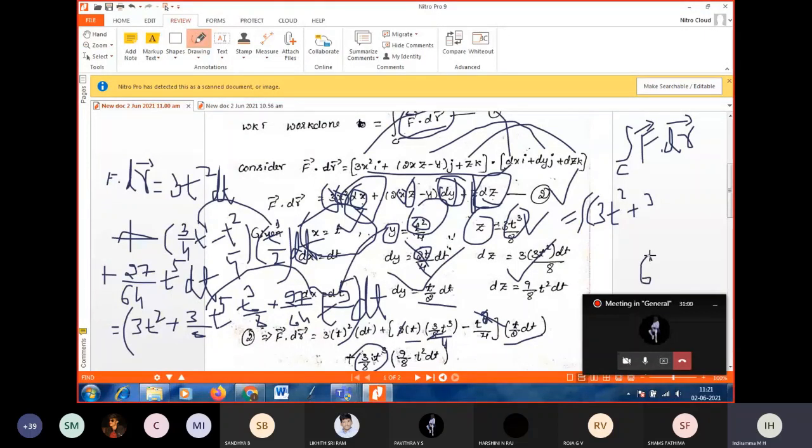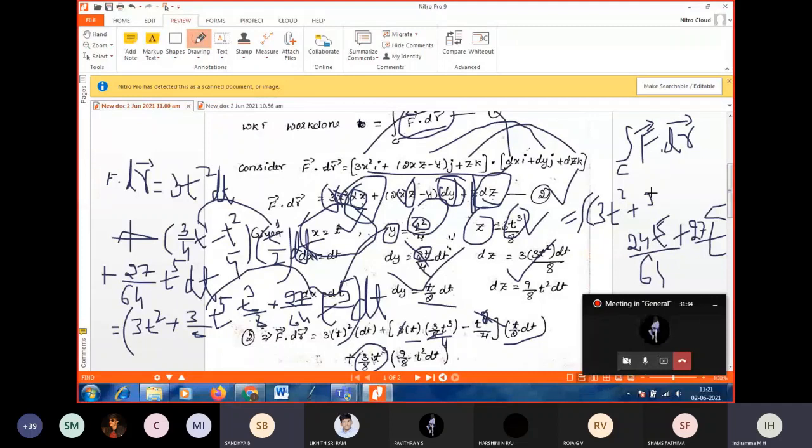What is the LCM for 8 and 64? 64. 8 8s are 64, 8 3s are 24. 24 t power 5 plus 27 t power 5. Correct? 24 plus 27 is what? 51.